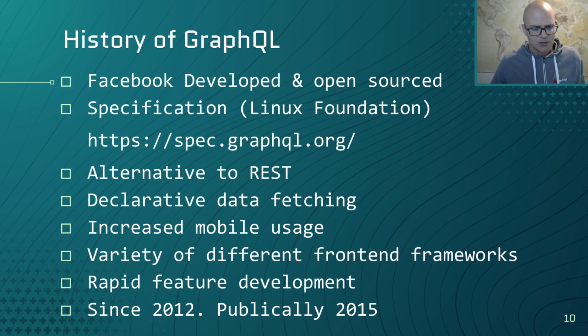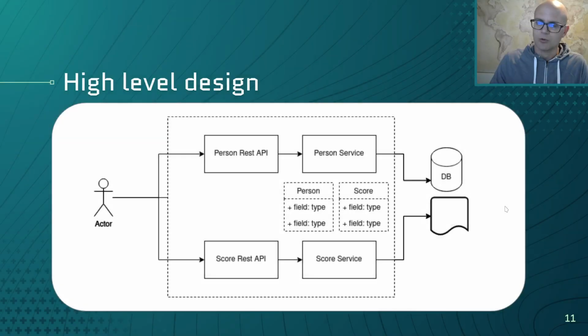So suddenly the APIs that typically served the web now also serve mobile applications or websites, and the real estate on a mobile phone is obviously much less than a website, so they want less data. They've been doing it since 2012 and publicly since 2015, so this is not new anymore.